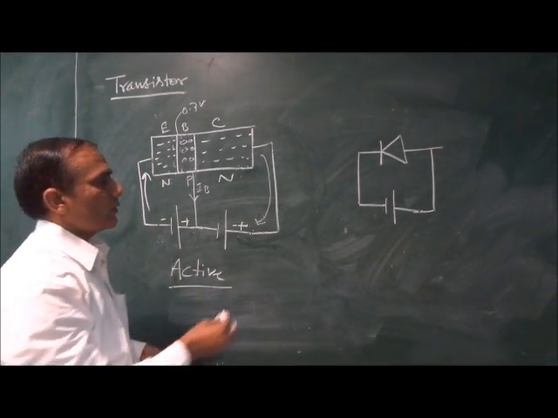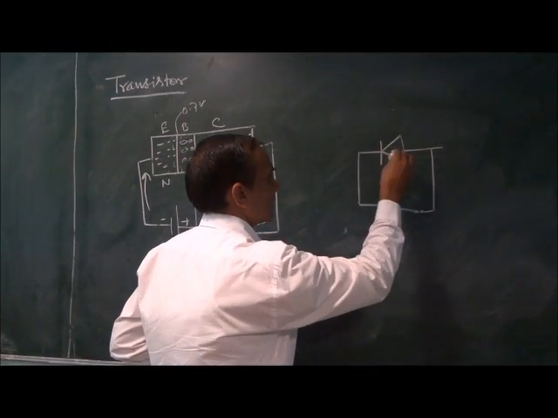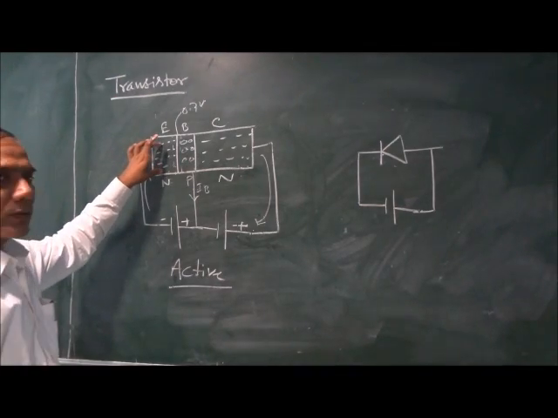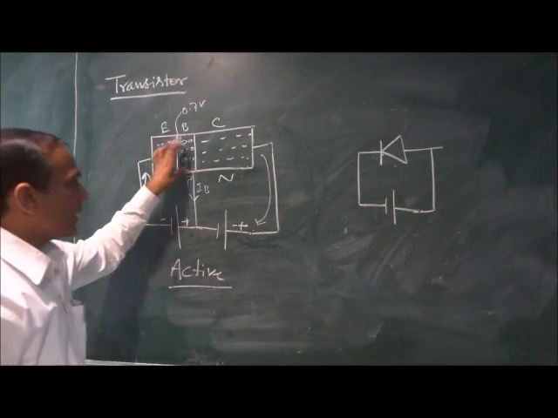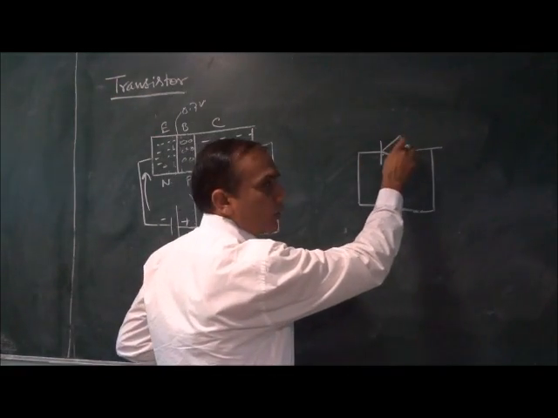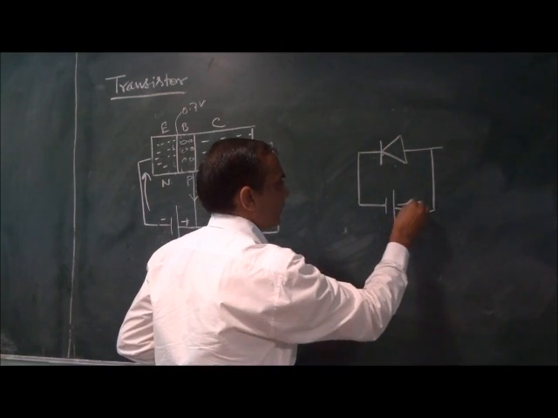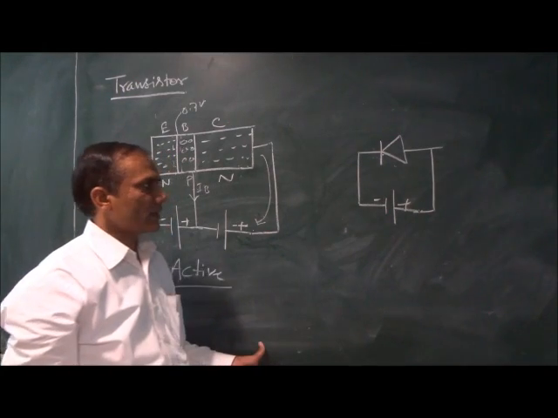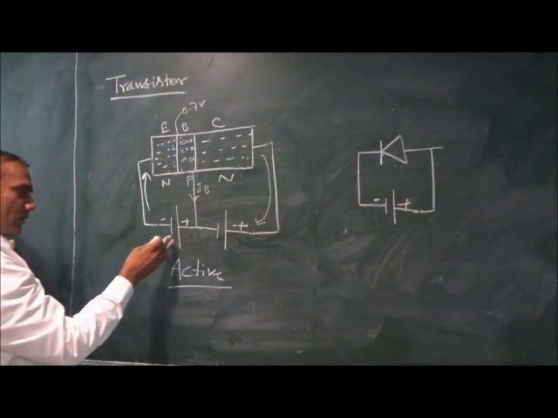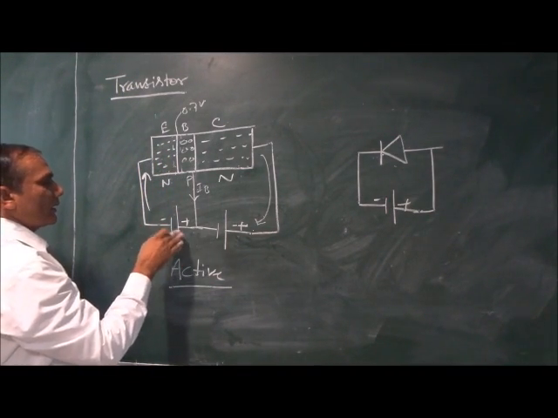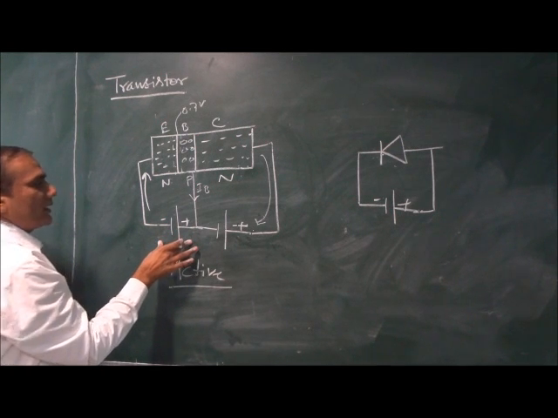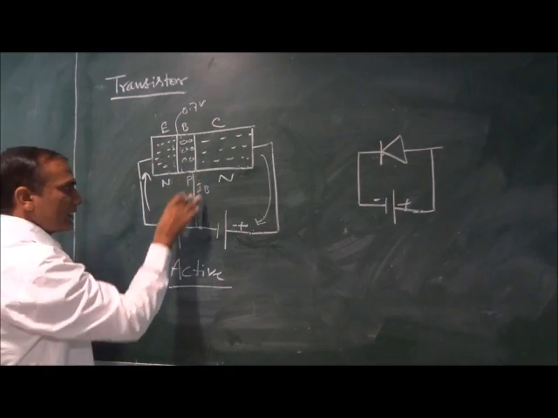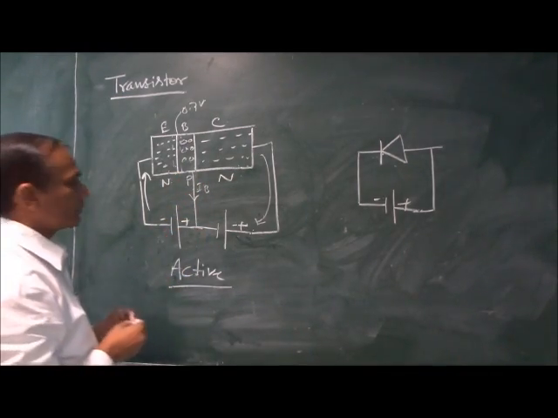If this type of supply is given, the cathode of this diode corresponds to the emitter and the base corresponds to the anode of the diode. So if this type of supply is connected, then the diode is said to be in the forward bias condition. So with this condition of biasing, we can say that the emitter to base region is forward biased.